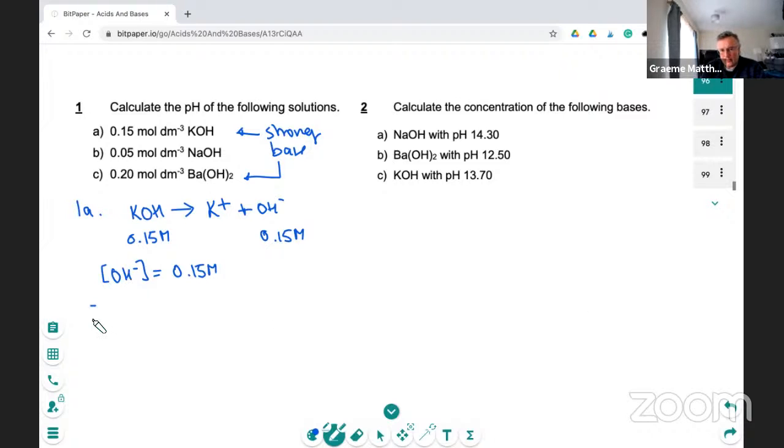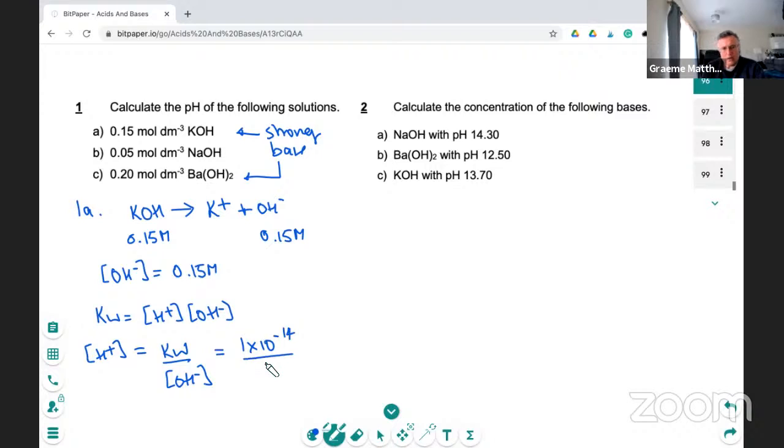You can say the hydrogen ion concentration, because Kw is H plus times OH minus, is equal to Kw over the hydroxide ion concentration, which is 1 times 10 to the minus 14 over my hydroxide ion concentration, which is 0.15.